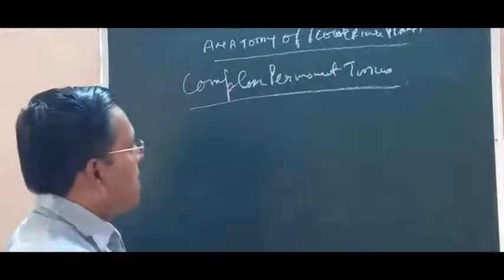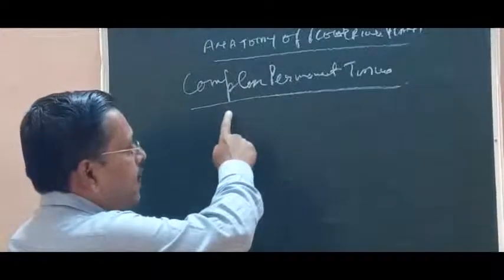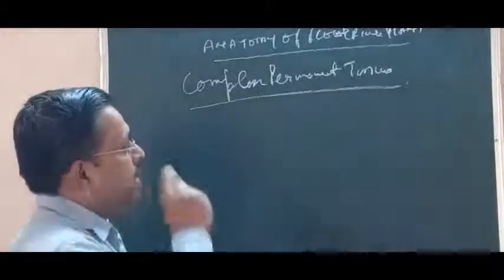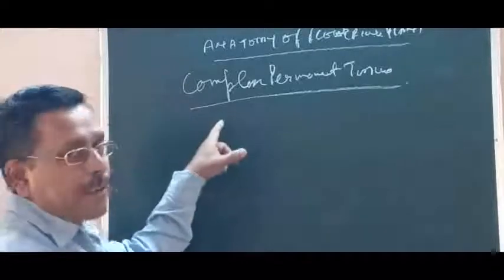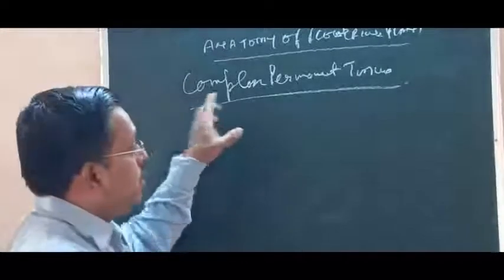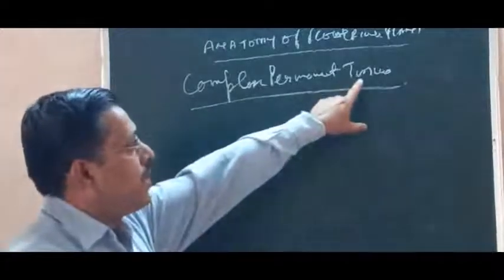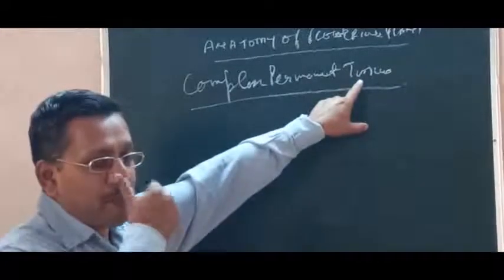Now the explanation behind complex permanent tissue is why we call it complex. A tissue is a group of cells that perform a specific function.